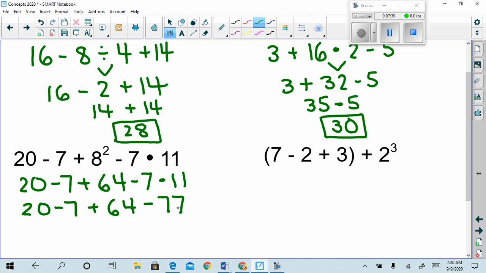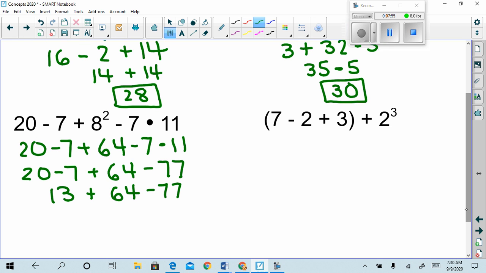Again, left to right, left to right. Here we'll subtract. Now everything is addition and subtraction, so now I just go left to right. I'll have 13. 13 plus 64 minus 77. Left to right. This is going to give me 77 minus 77. Final answer, 0.